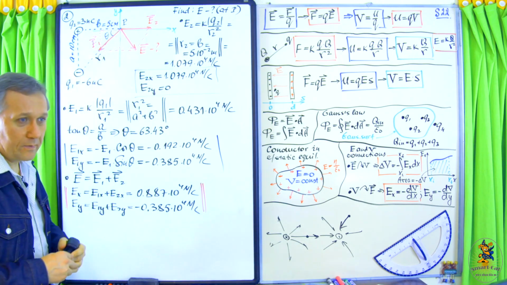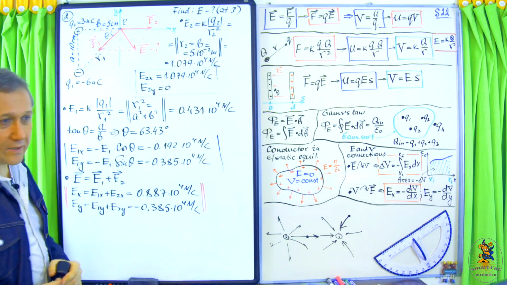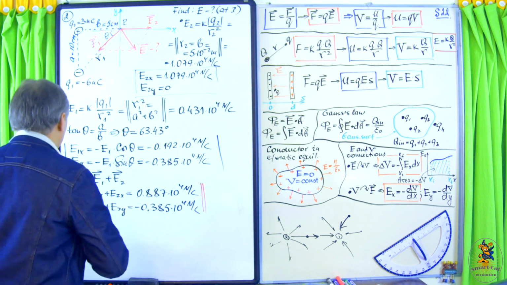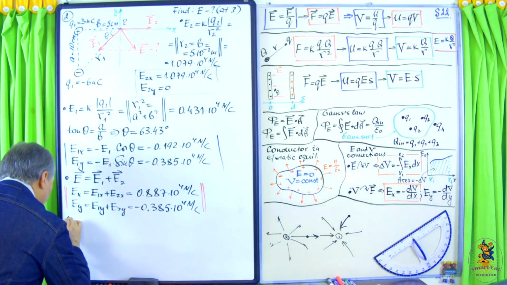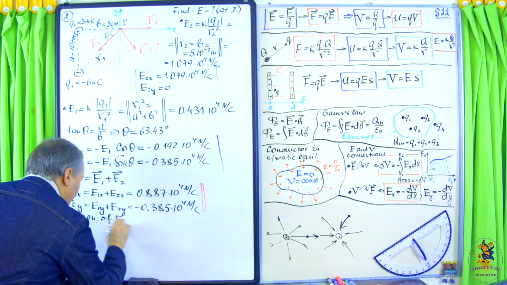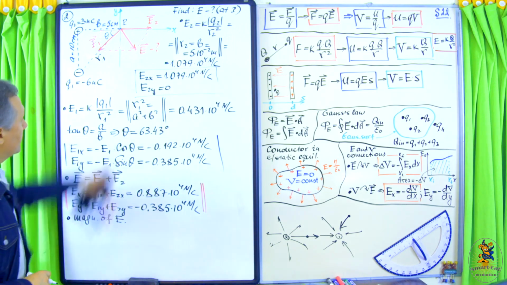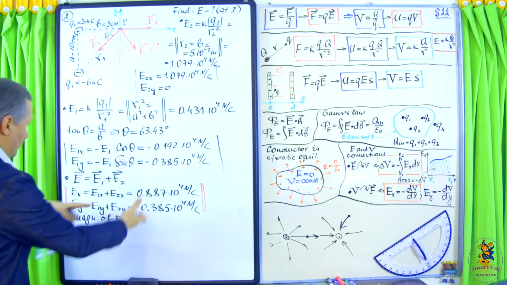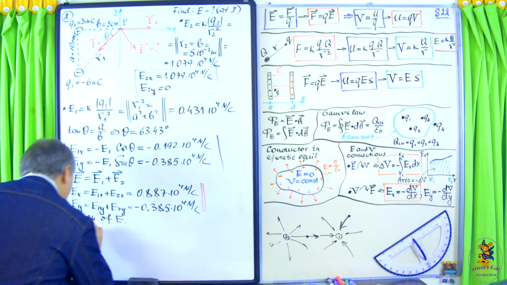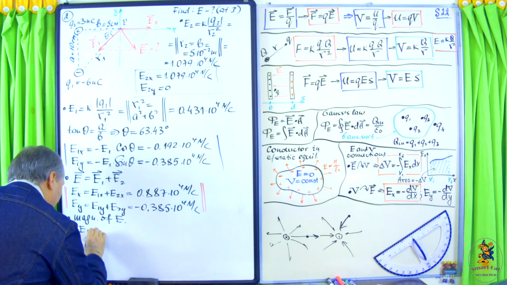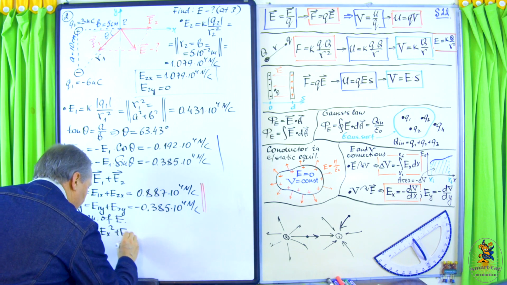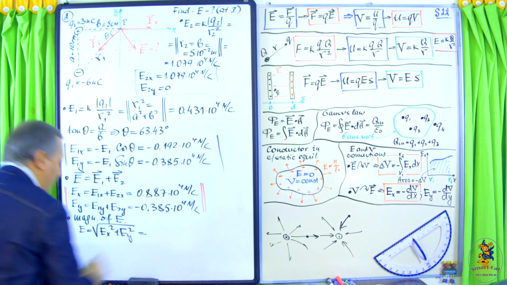So let's do the same. It's very similar to the steps we used in the second recitation class. So now the magnitude of E, the magnitude of this net electric field. So Ex squared plus Ey squared, and square root. I can write that E equals the square root of Ex squared plus Ey squared.